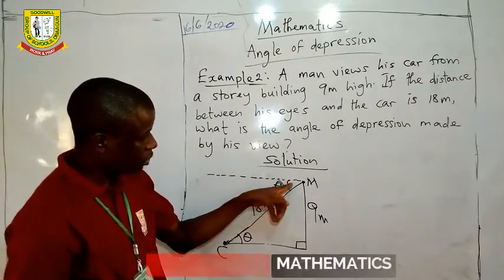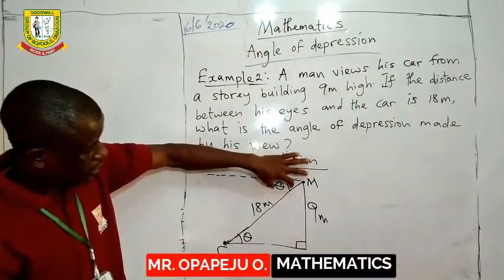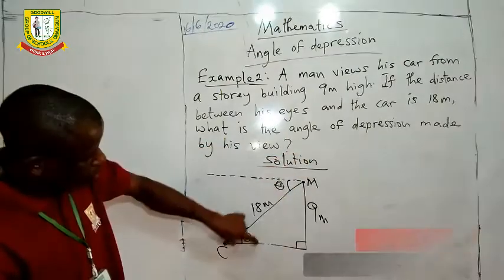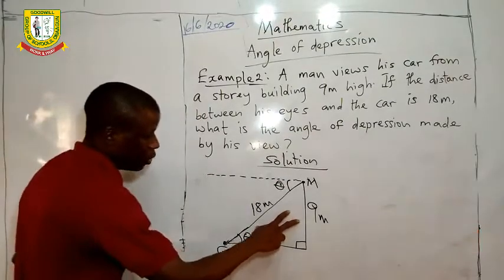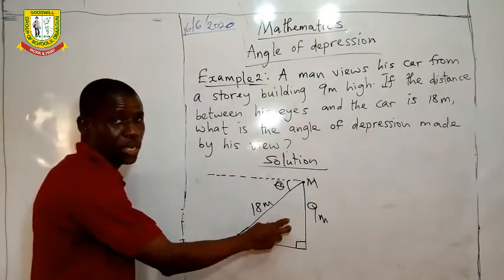So the angle of depression is here, and it forms an alternate angle with what we have here, and those two angles must be equal. Now we can come and work with this triangle.